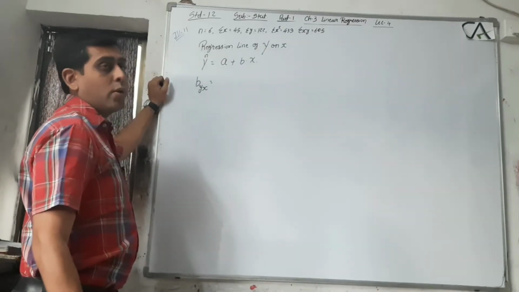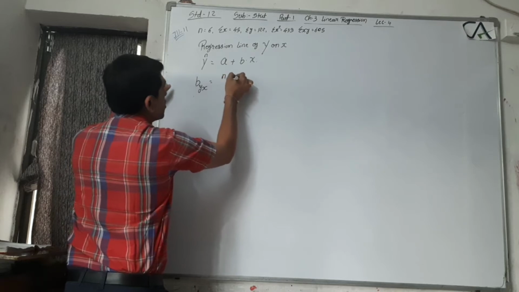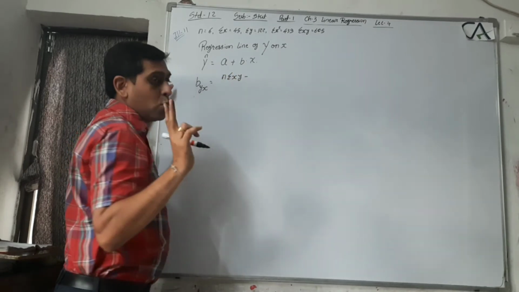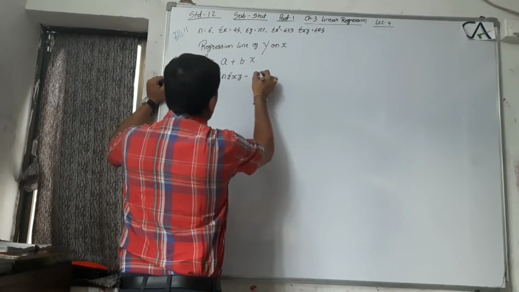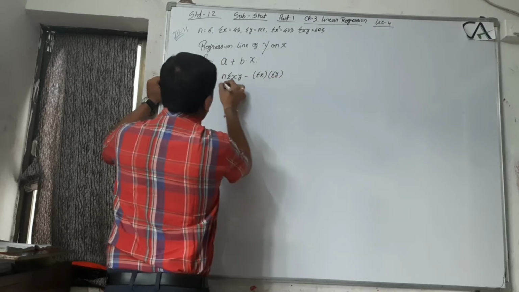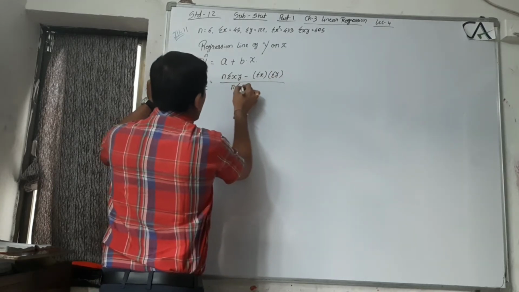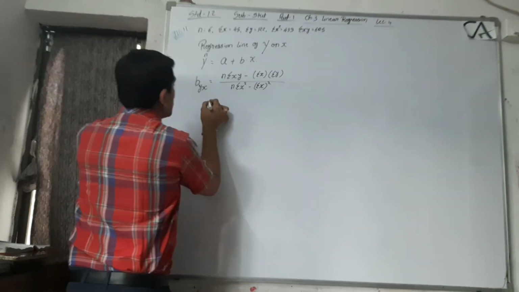Which one? Okay. Direct method, n sigma xy, method number 2 for the long sum. N sigma xy minus sigma x sigma y upon n sigma x square minus sigma x whole square.